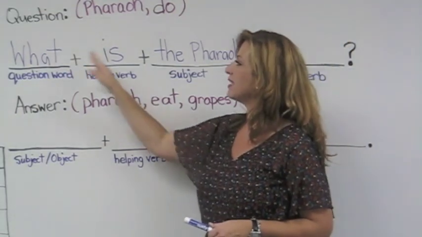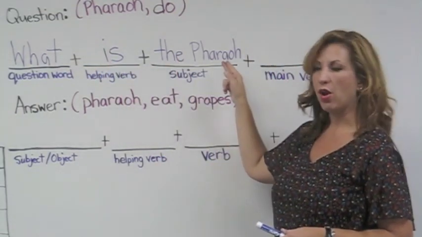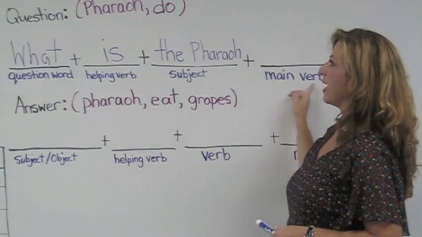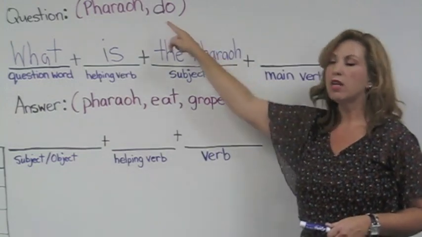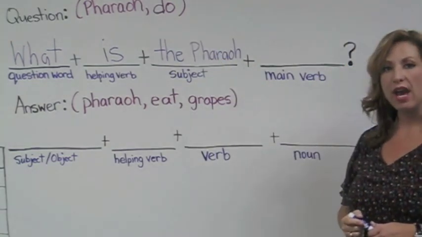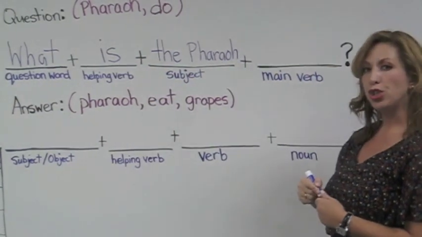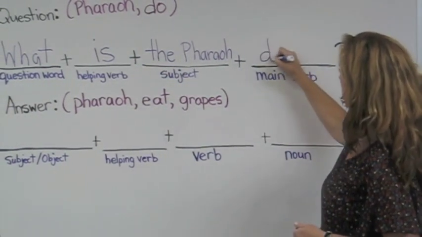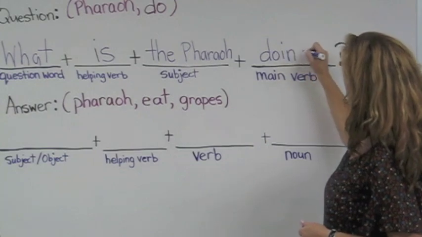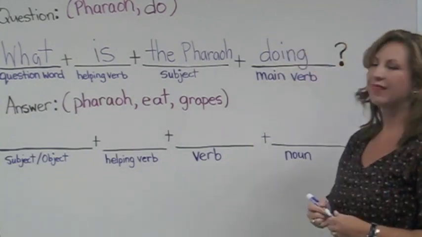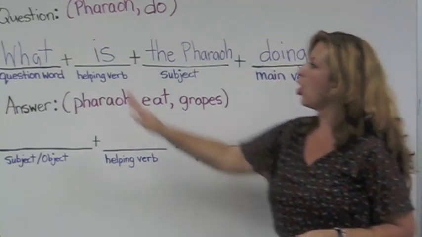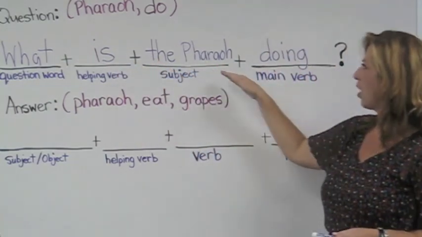So what is the pharaoh? And our main verb is to do. So now we need to conjugate our verb. What is the pharaoh doing? Again, our question, what is the pharaoh doing?